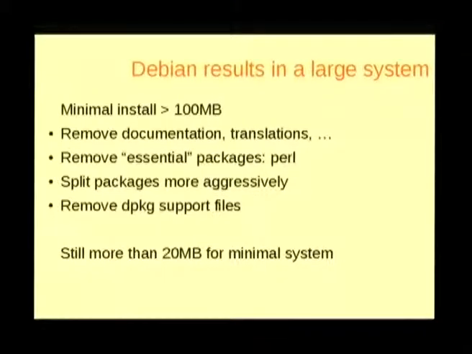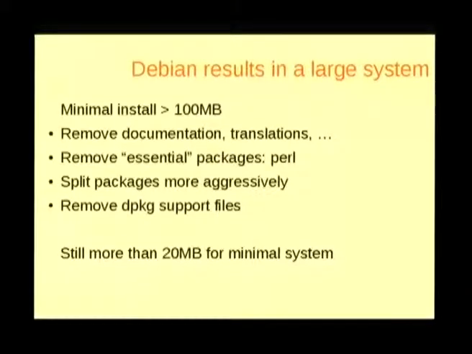And then the dpkg support files: if you're not going to support upgrading using apt-get on your embedded system, then it doesn't make sense to have those support files once you're deploying. So you can basically remove /var/lib/dpkg. That's another thing that Emdebian does. It makes it possible to remove all these unnecessary things.